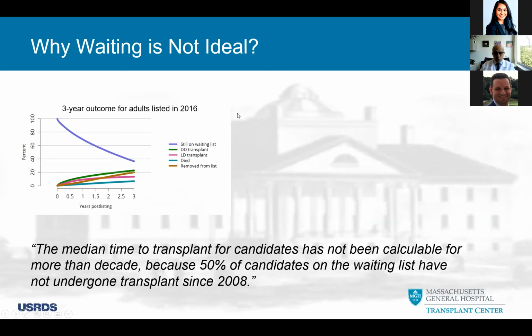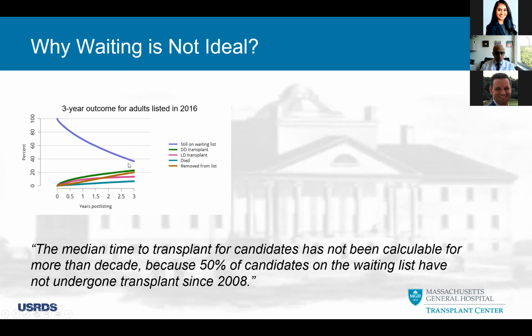So why is waiting not ideal? One would say, I would wait my time to get a kidney transplant. And this is a really nice slide from the last UNOS data report, where it shows if you were listed in 2016 for a kidney transplant, where were you at the end of 2019?